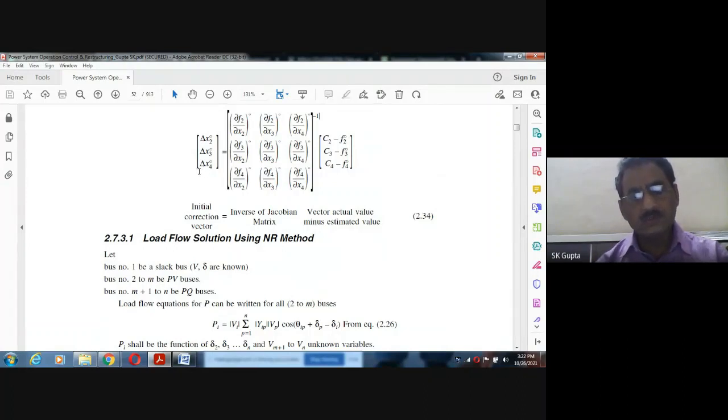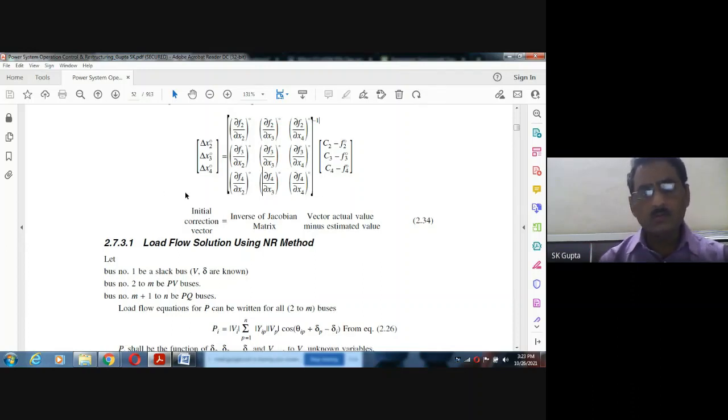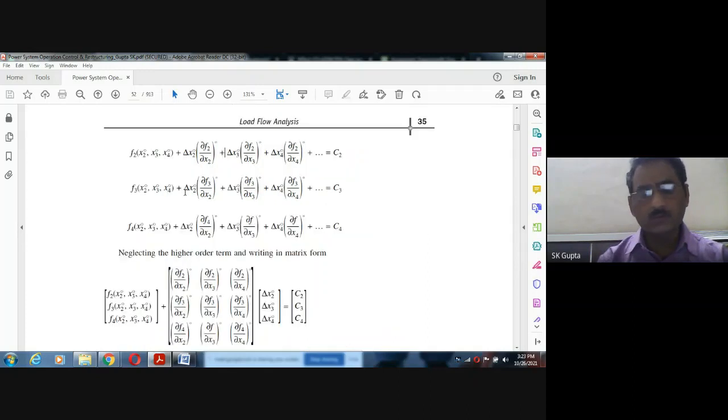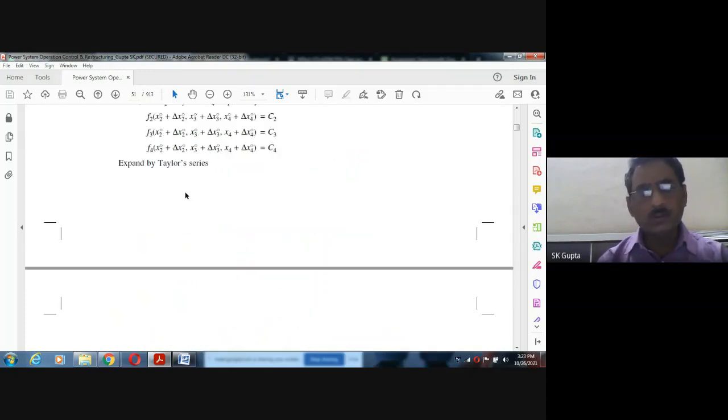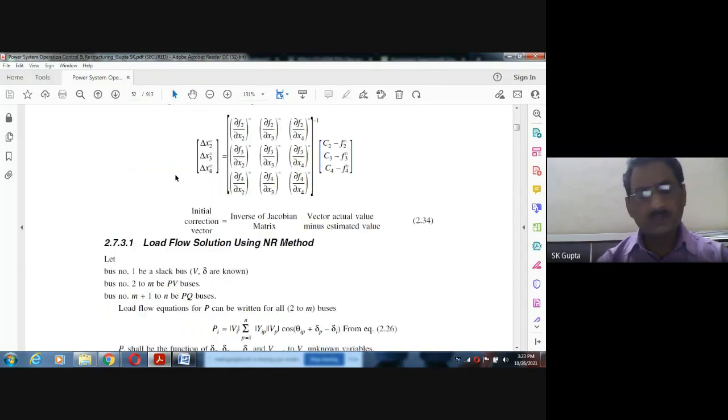In the first iteration, the estimated value plus error is the first iterated value, and this first iterated value can be assumed as the new initial value. Again we do the same process, the equation will be repeated, and we get the second iteration, third iteration, and fourth iteration continuously, until two consecutive values are nearly the same. Then we stop.